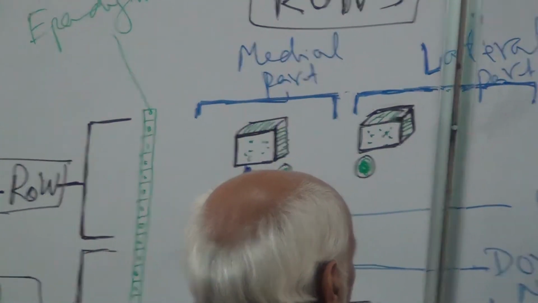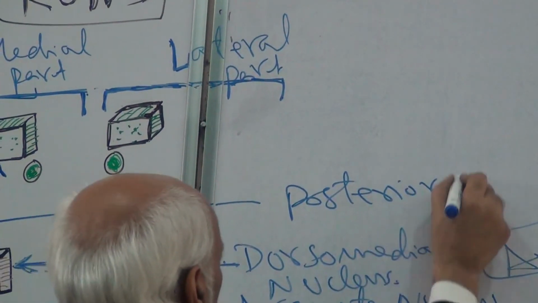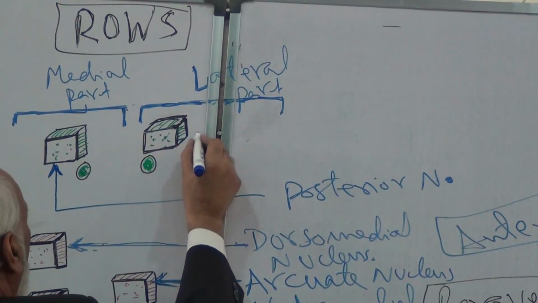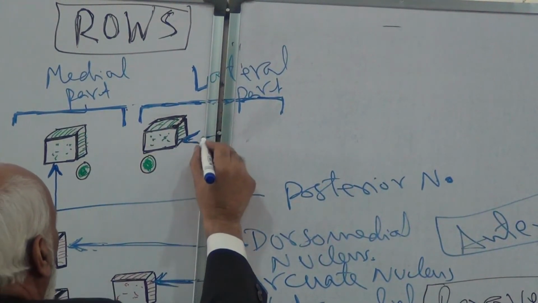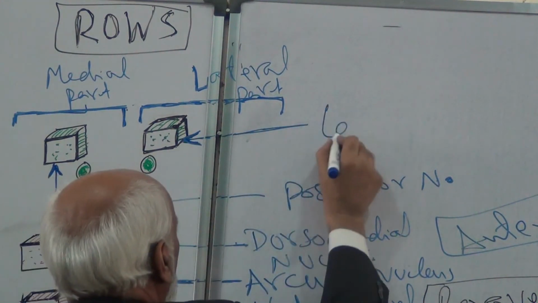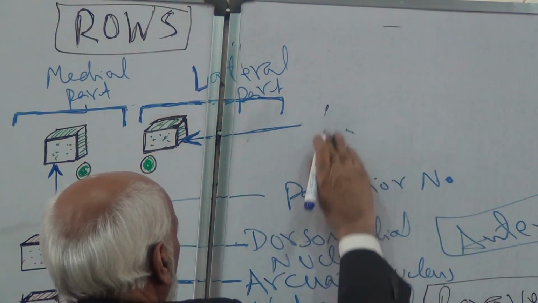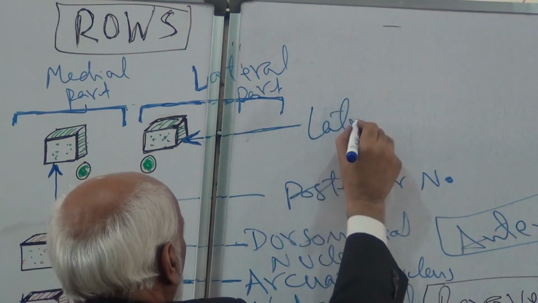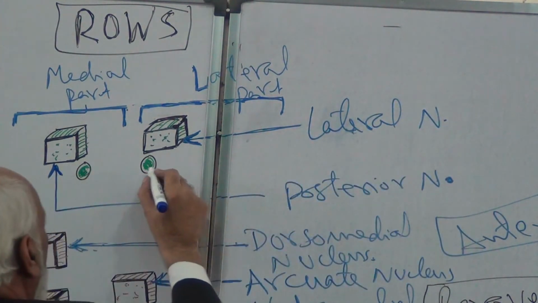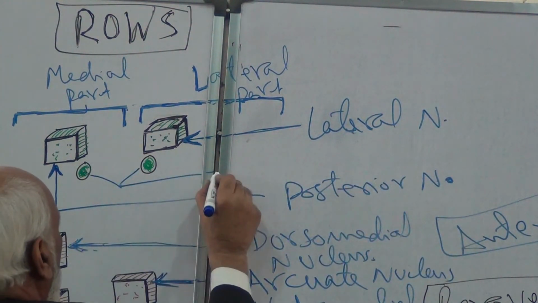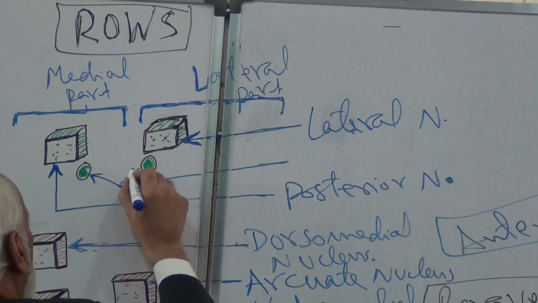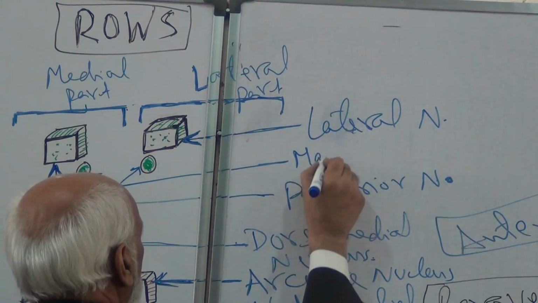This is the posterior nucleus. This is the lateral nucleus. And these are mammillary bodies, nuclei of the mammillary body.